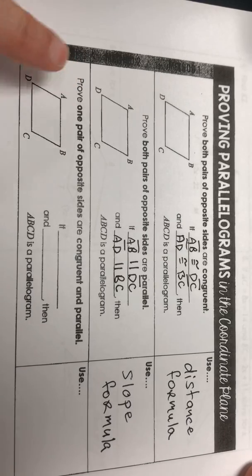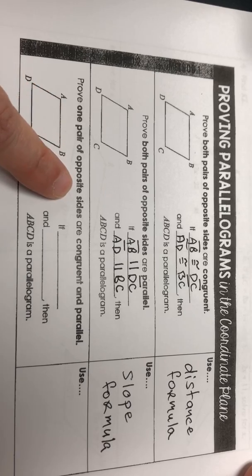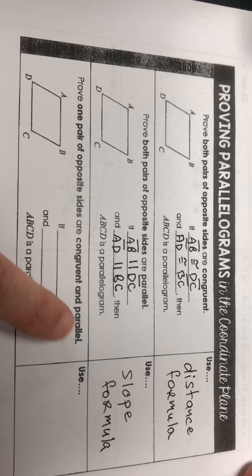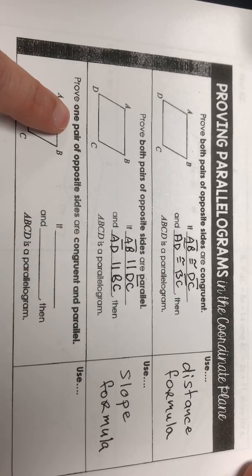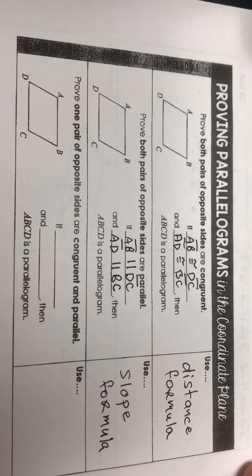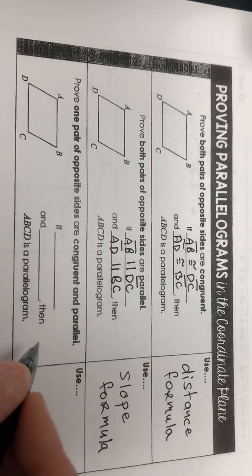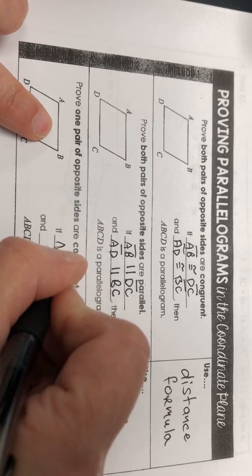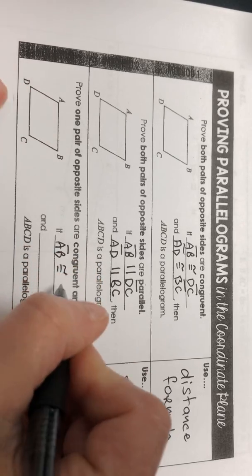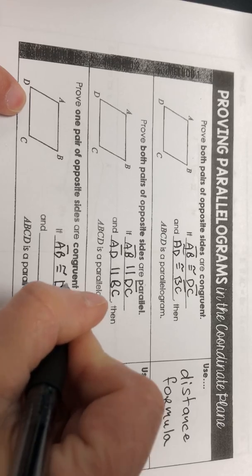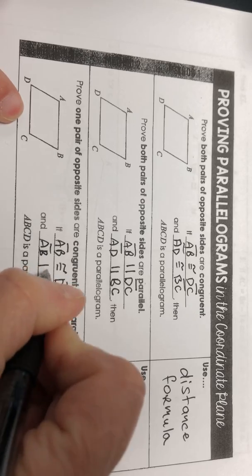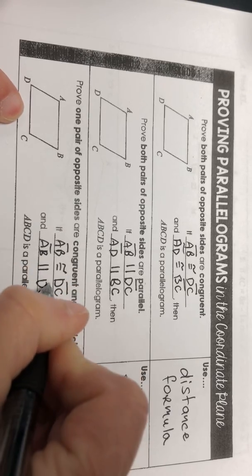And then our third way is to have one pair of opposite sides that are congruent and parallel. So it's one pair of sides that's both congruent and parallel. It's got to be the same pair of sides. So an example of that might be that AB is congruent to DC and AB is parallel to DC.